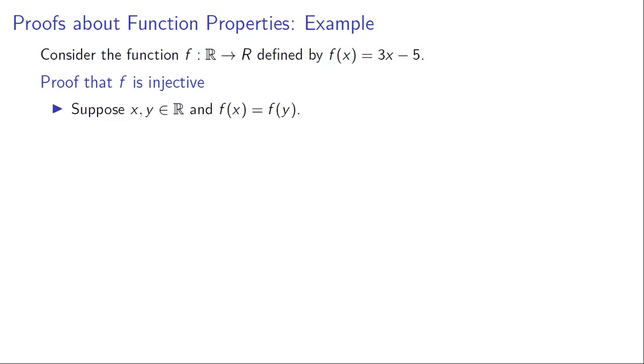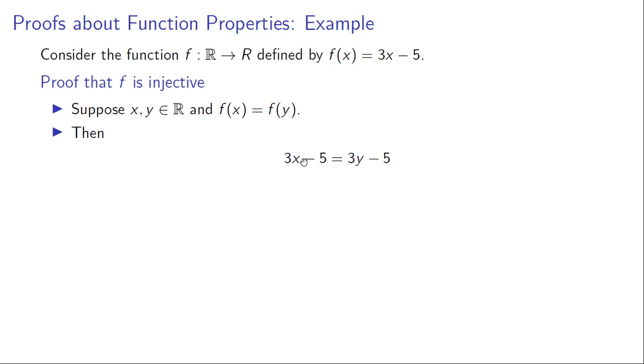So we'll start out by saying, suppose x and y are elements of R, meaning they're elements of the domain, and f of x is equal to f of y. Remember, we're using the contrapositive approach, which, as I mentioned, is easier to use here. Well, what is f of x?